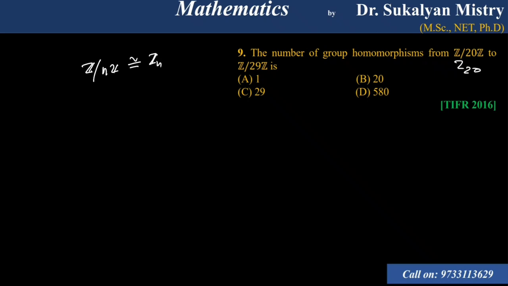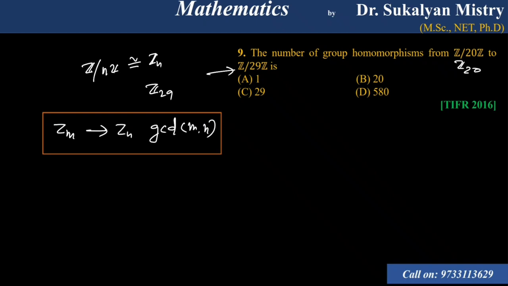So Z/20Z is Z20, and Z/29Z is Z29. We know that the number of group homomorphisms from Zm to Zn is the GCD of m and n. Clear? So apply this result.